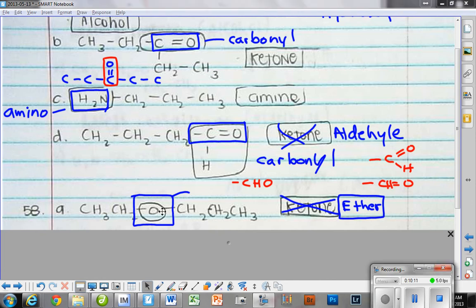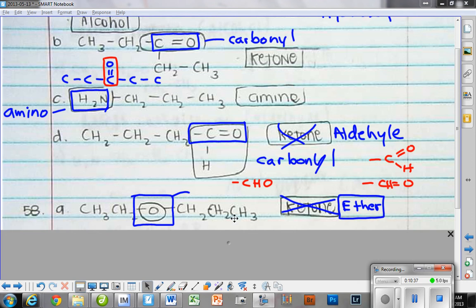Okay, he's hooked to 2 carbons also, where this guy is only hooked to 1. You see that? You kind of have the idea. That's good. This guy's hooked to 1 carbon, and this guy, when he's in the middle, is still hooked to 1 carbon. But now we have the oxygen hooked to 2 carbons, and that makes what we call an ether.